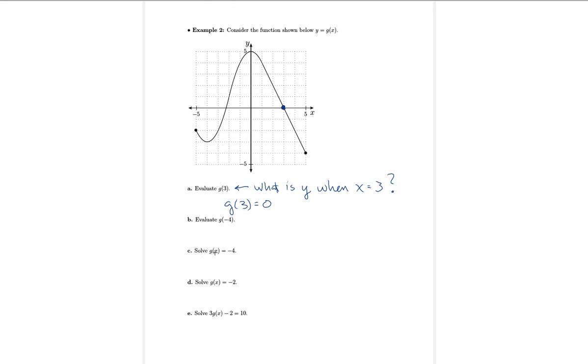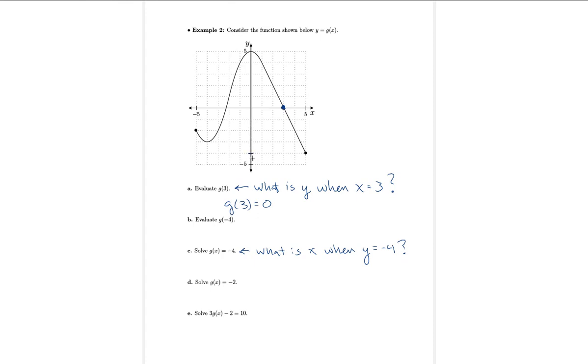It asks me to solve g of x equals -4. Okay, so what we're saying is we know that the y value is -4, right? What is x? So what is x when y is -4? Okay, so now I start by going down the y-axis and finding -4.